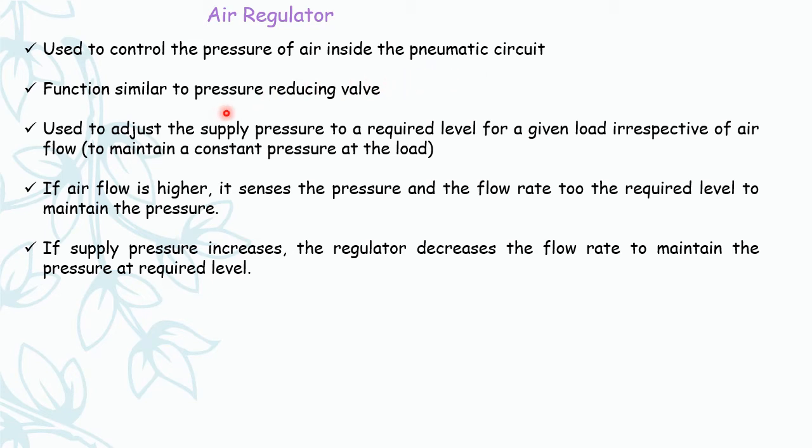The function of this air regulator is similar to the pressure reducing valve. I hope you have learned this pressure reducing valve during hydraulic systems. So what does the pressure reducing valve do? If the pressure is higher but the system pressure required is less, it reduces the pressure to a required level.